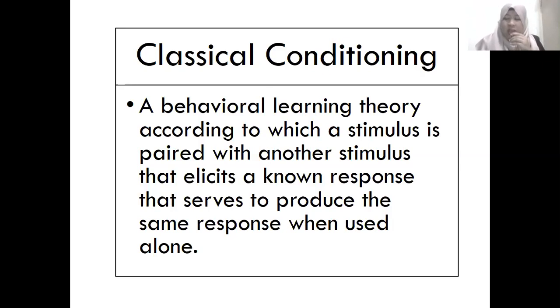Maghrib time is the time for breaking fast. So people are waiting for the azan Maghrib during Ramadan. We are already together with the family on the table, waiting for the azan, and of course we will break fast after we listen to the azan. So this is classical conditioning. An action must be taken together in order to make sure that we react with the same response.